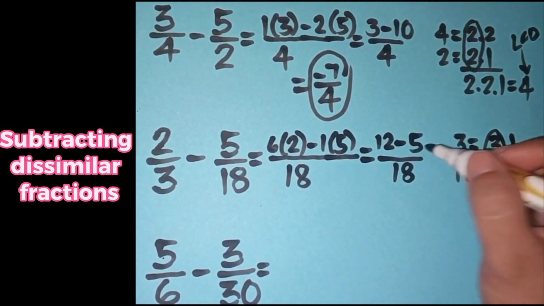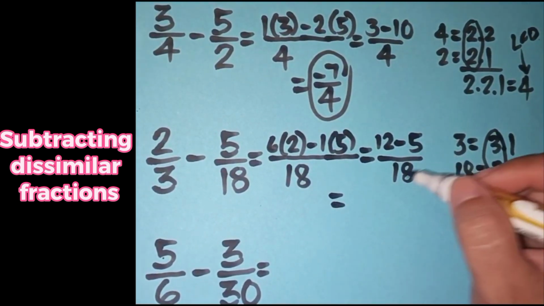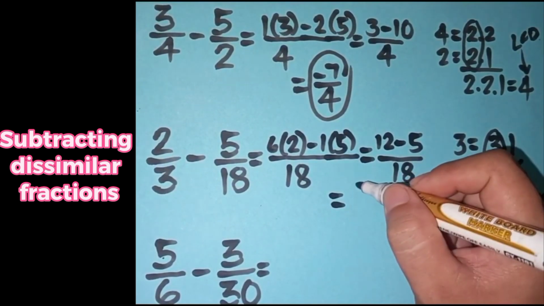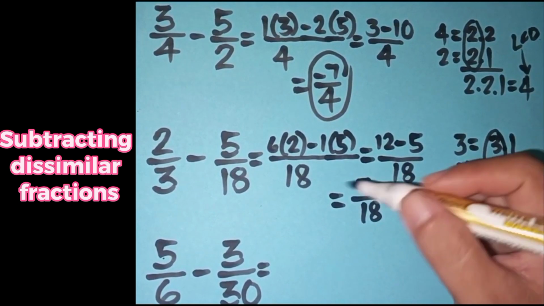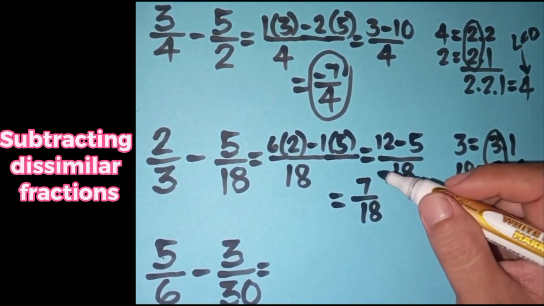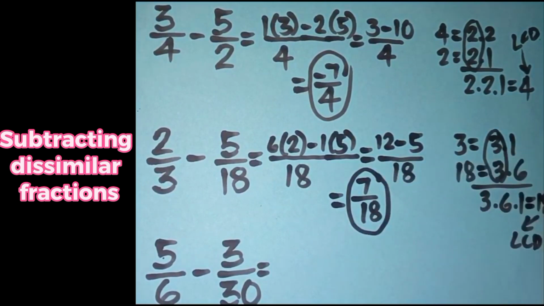So 12 minus 5 is equal to 7 over 18. So 2/3 minus 5 over 18 is equal to 7 over 18.